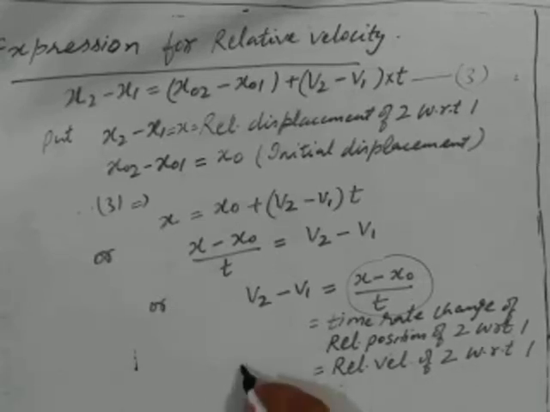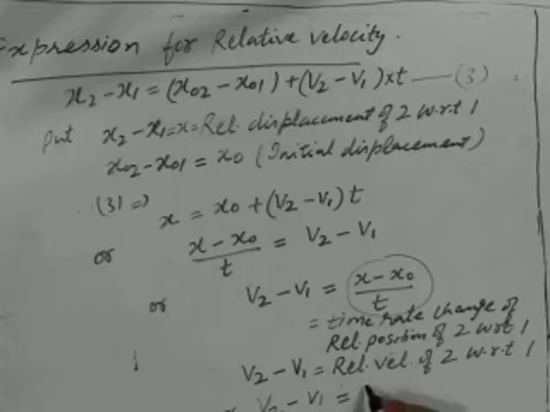Hence we can say v2 minus v1 is equivalent to the relative velocity of 2 with respect to 1, that is v21, velocity of 2 with respect to 1. This is the general method which we have calculated earlier by the direct method.